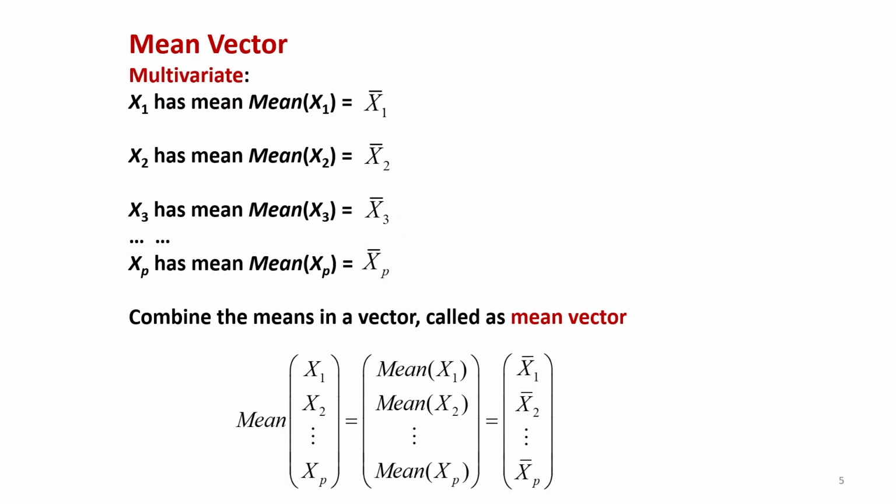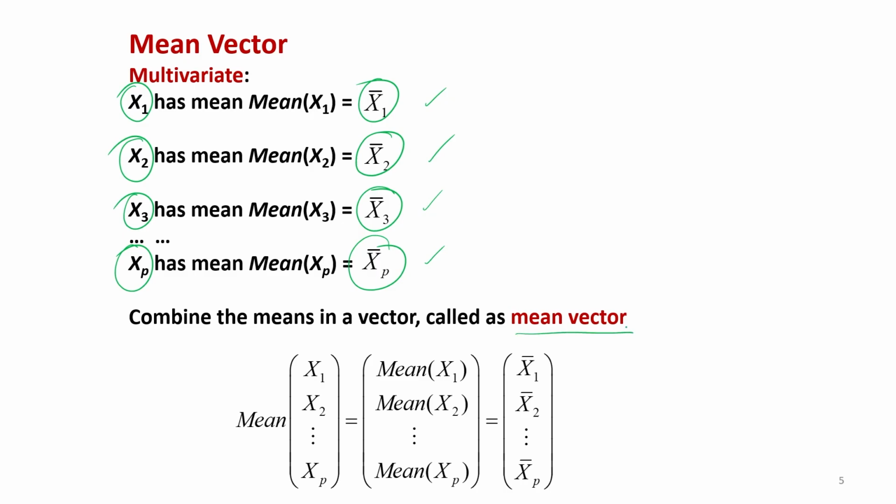And similarly, if you are going for a multivariate setup, then suppose you have variable x1 having mean x1 bar, variable x2 having mean x2 bar, x3 having mean x bar 3, and similarly the xp variable having mean x bar p. So, all these x1 bar, x2 bar, x3 bar, ..., xp bar are univariate, and now we combine them in the form of a mean vector.